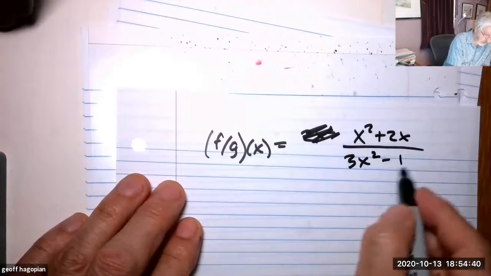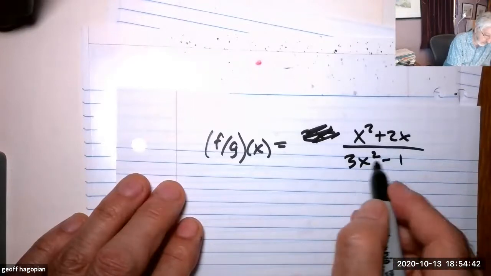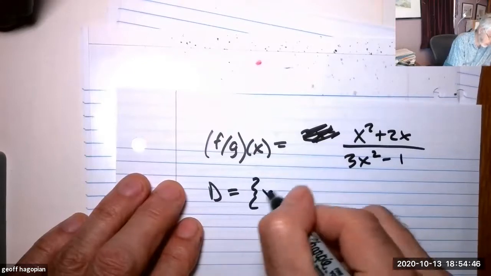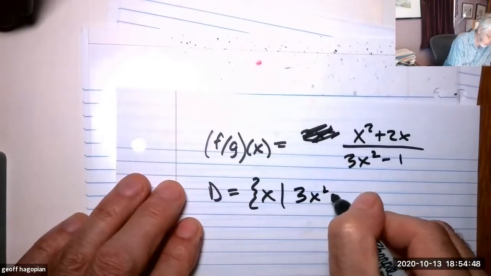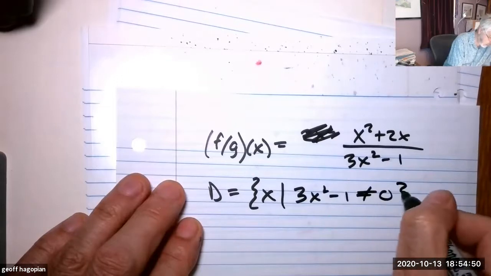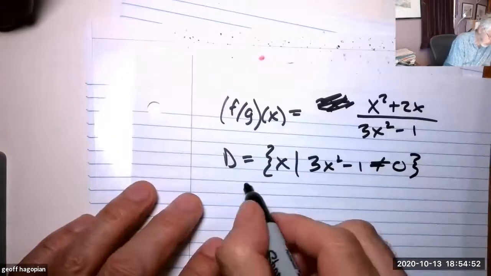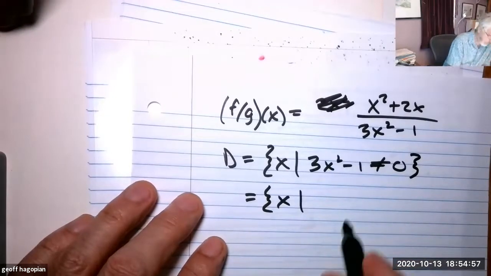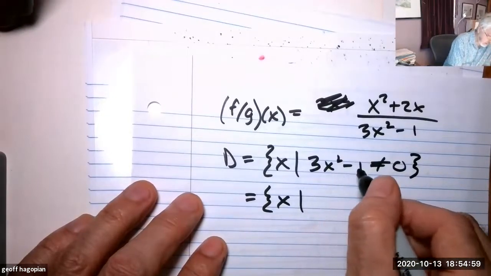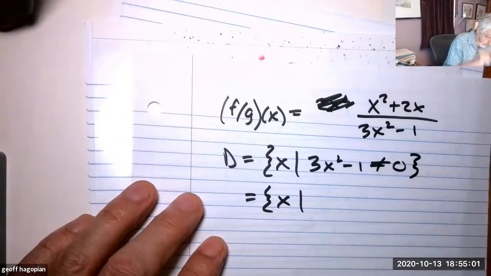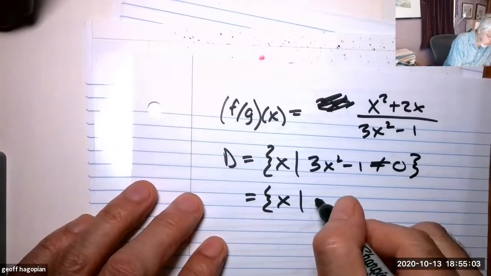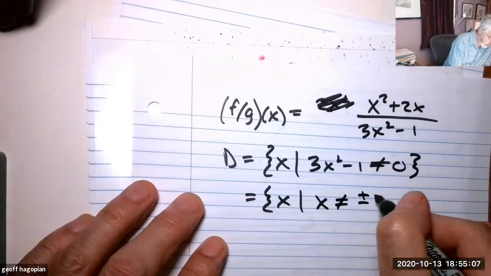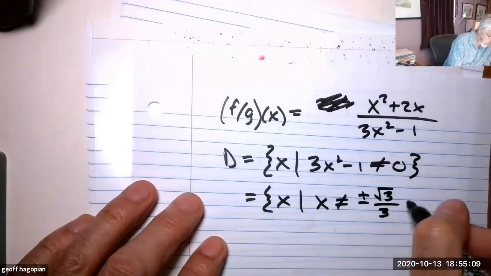So again, we want to limit the domain so we don't have division by 0. So we need to say the domain is the set of all x such that 3x squared minus 1 is not equal to 0. In other words, solve the equation where it's equal to 0, and you'll have x not equal to plus or minus the square root of 3 over 3.